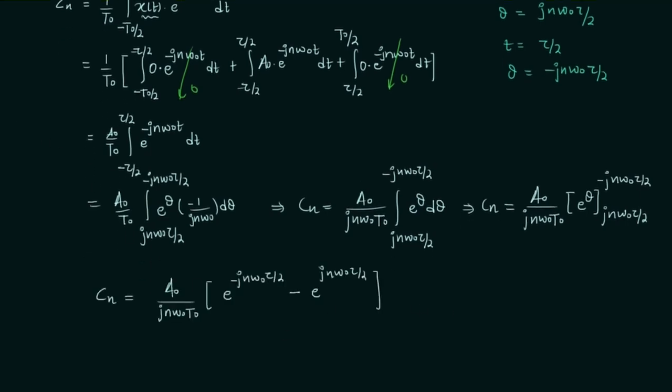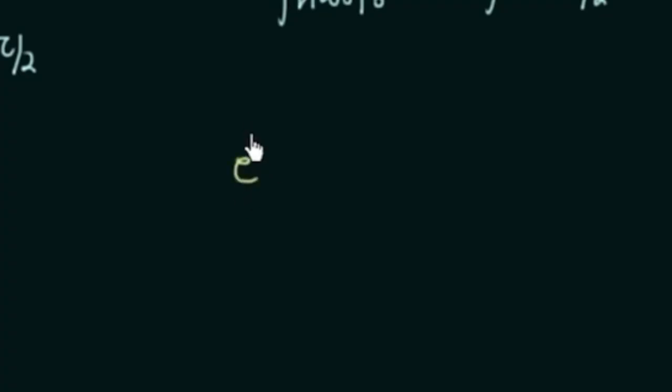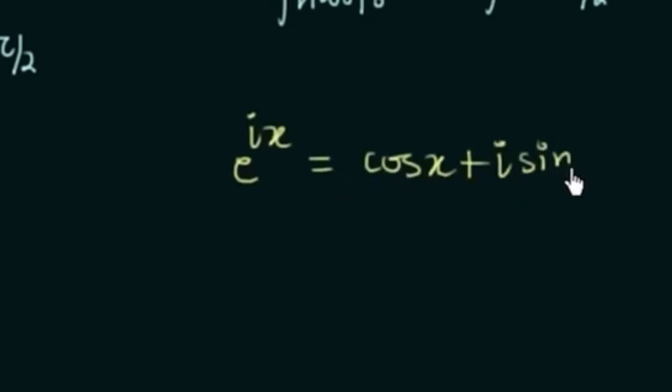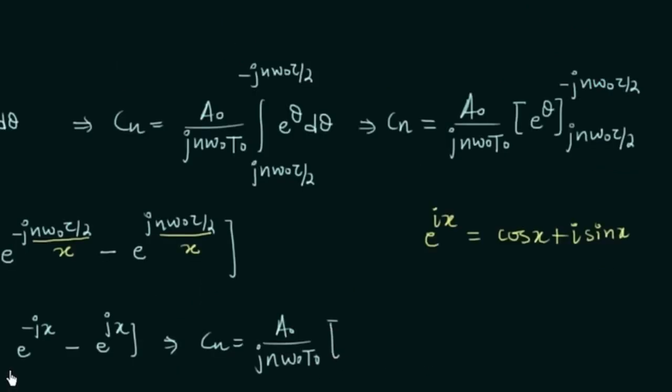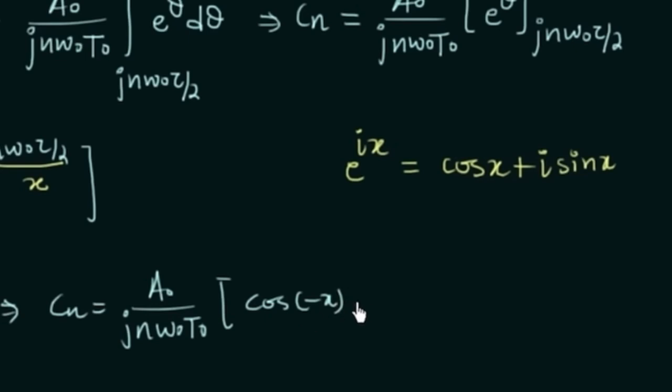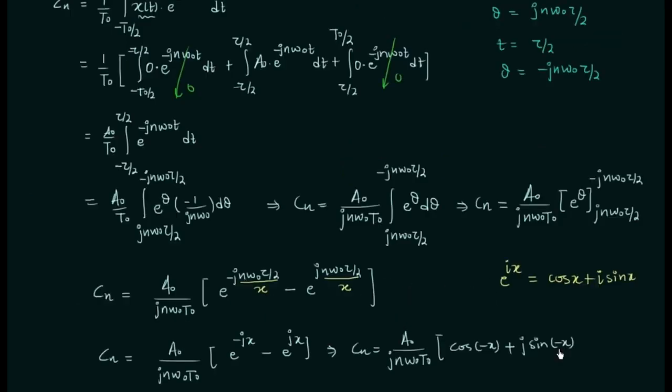So now we will use Euler's formula. We already know e power jx is equal to cos x plus j sin x. Now we will expand it using Euler's formula, and we have Cn equal to a naught divided by jn omega naught t naught, inside the bracket, e raised to power minus jx, which means cos minus x plus j sin minus x, because you can write e raised to power minus jx as e raised to power j times minus x.